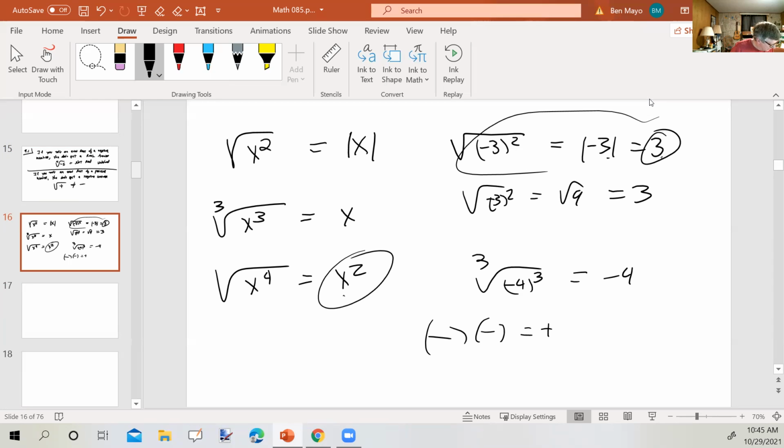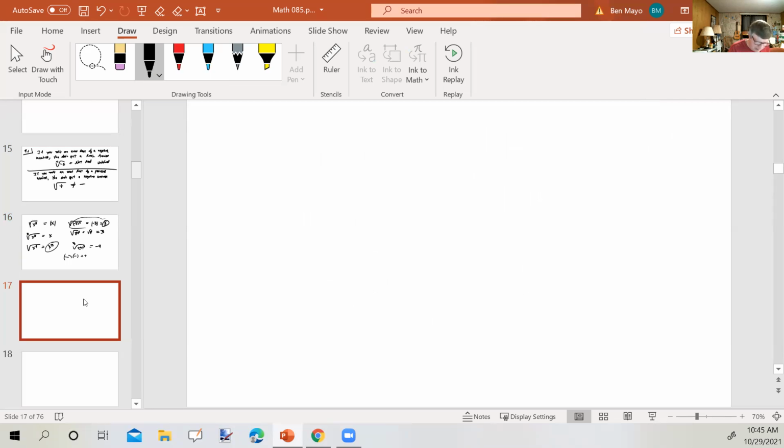Okay. Another thing that comes up in this section that people tend to miss has to do with finding the domain of a function. All right.